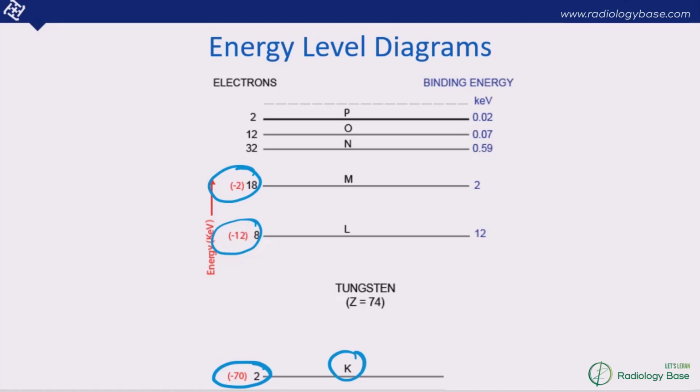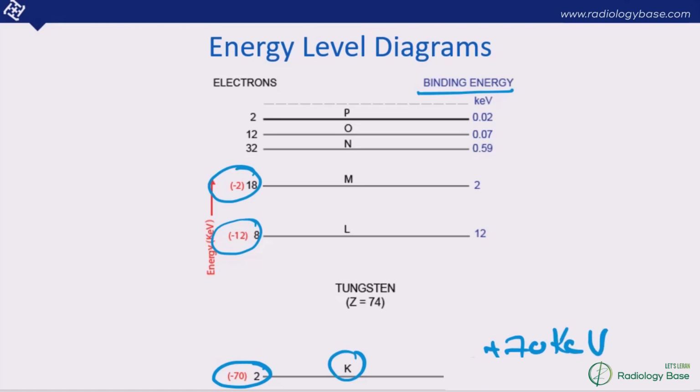So now if I want to calculate the binding energy, or the energy which I need to give an electron in the K shell to release it from the net attractive force of the nucleus, I will need to give positive 70 keV to release it.